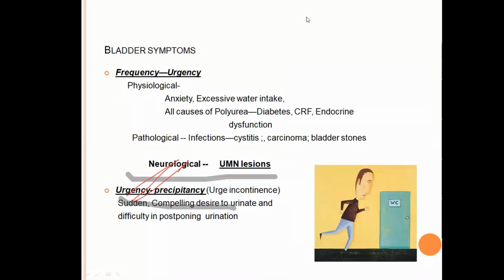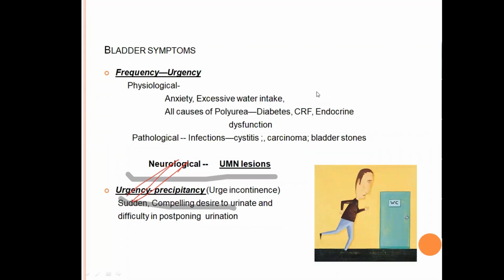So the clinical part of it is frequency and urgency, which is one of the symptoms. Normally, we pass urine about 4 to 5 times in a day. It may be more frequent because of several physiological conditions like anxiety.